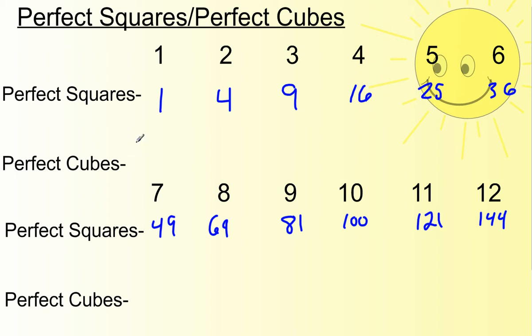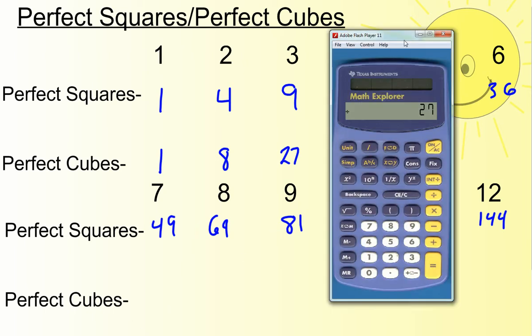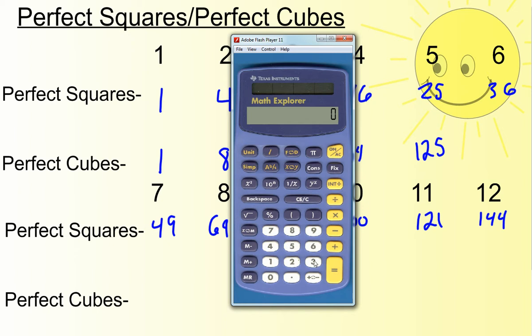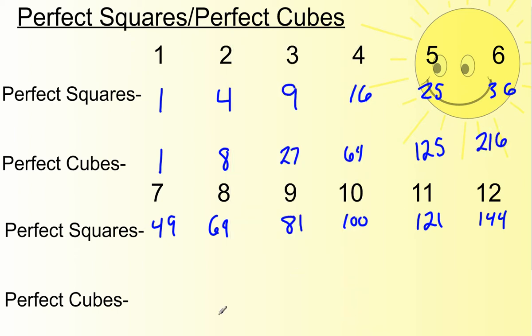So this is going to be 1 times 1 times 1. 2 times 2 times 2. 3 times 3 times 3. 4 times 4 times 4. 5 times 5 times 5. 6 times 6 times 6, which I don't know off the top of my head. Let me do 6 times 6 times 6. 216.